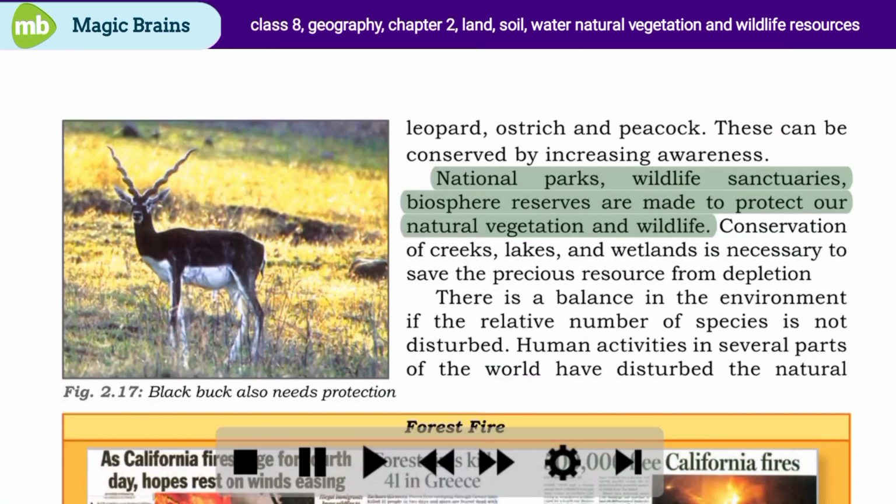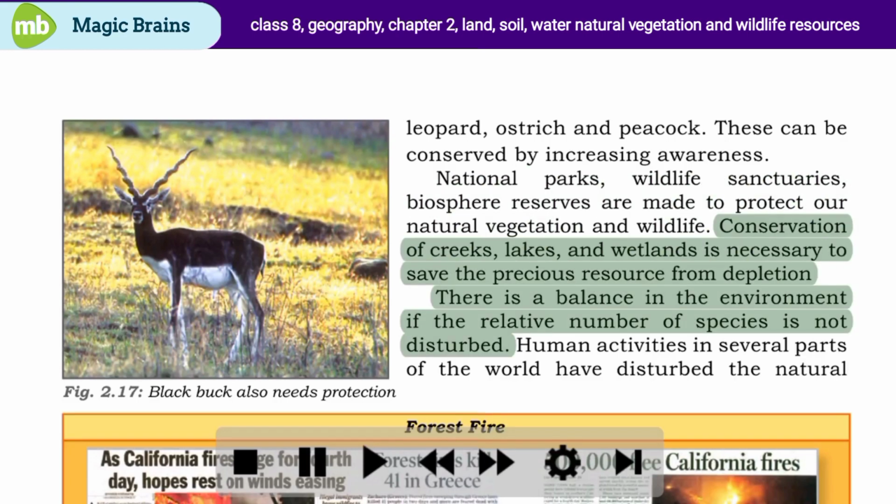National parks, wildlife sanctuaries, and biosphere reserves are made to protect our natural vegetation and wildlife. Conservation of creeks, lakes, and wetlands is necessary to save the precious resource from depletion.